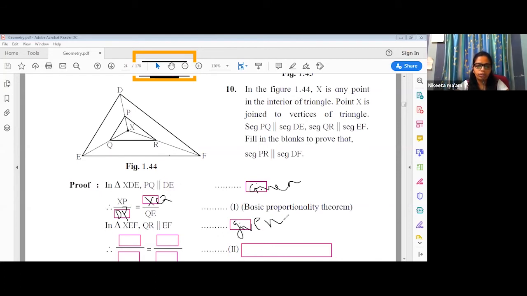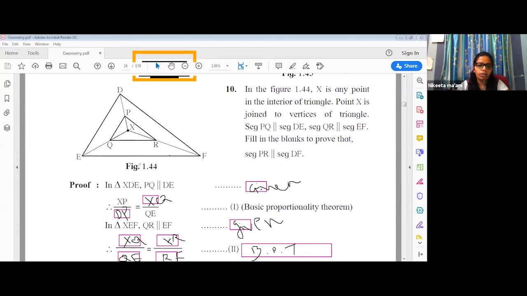Okay, so if these are parallel, I can say that XQ upon QE is equal to XR upon RF, according to the basic proportionality theorem.